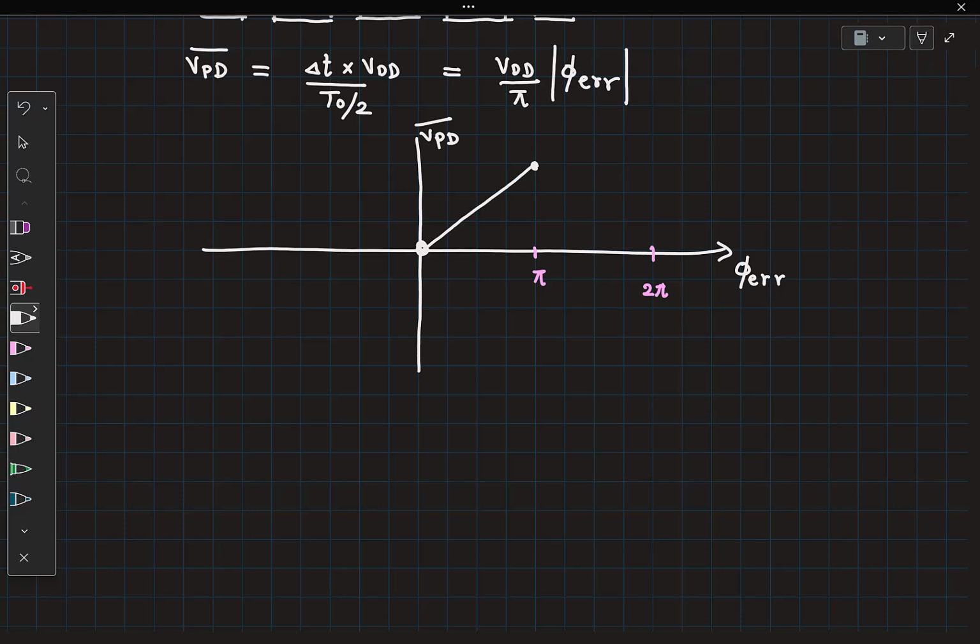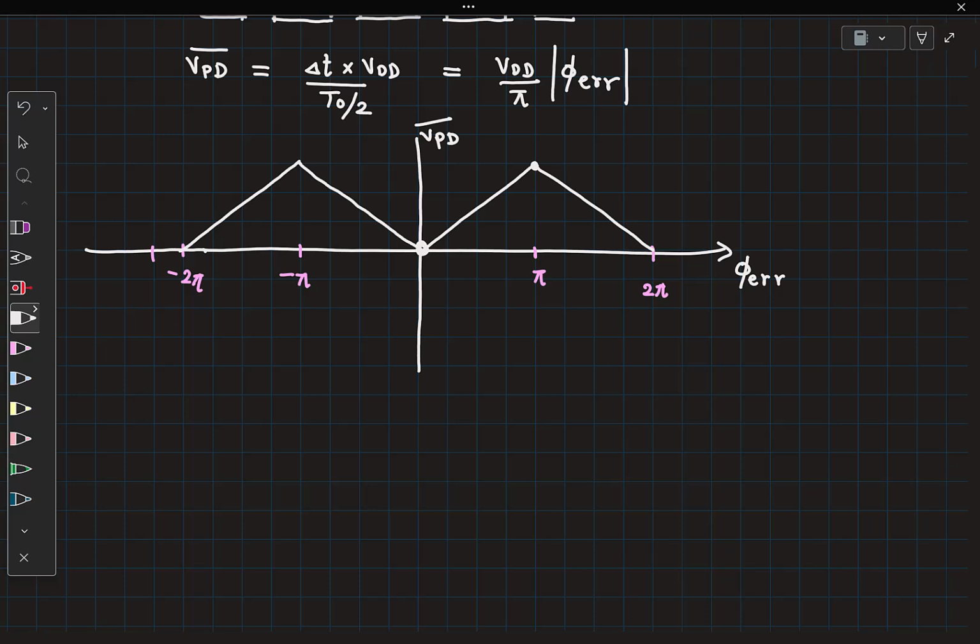And then from there, it again goes back as it hits 2 pi. Similarly, for the value corresponding to minus pi, you'll again get a figure like this. Similarly, at minus 2 pi, it's going to look like this.